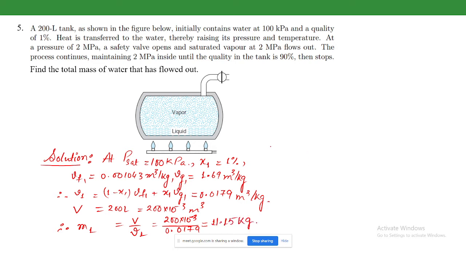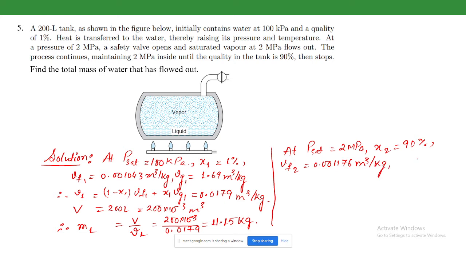Again in the final state, at P saturation equals 2 MPa and x2 equal to 90%, if we write these values, 0.001176 and 0.09967, these are all values from the property table.